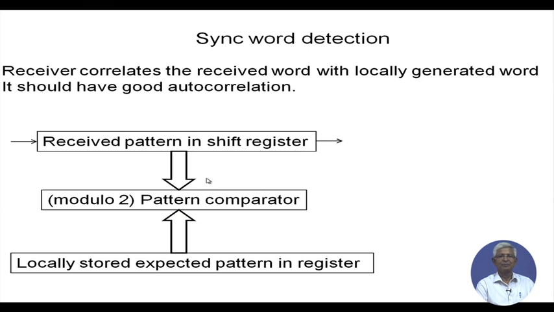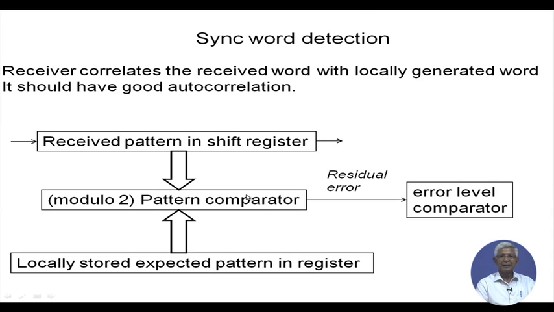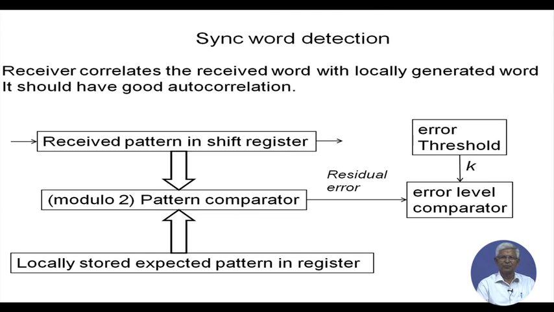If there is a mismatch, there is a residual error, and sometimes we tolerate some error level. So, this error level is compared with a threshold error. I can tolerate 1 error, 2 errors, k errors. With this error threshold compared, the detected pulse is generated. So, k could be 0, in which case you are not tolerating any error.